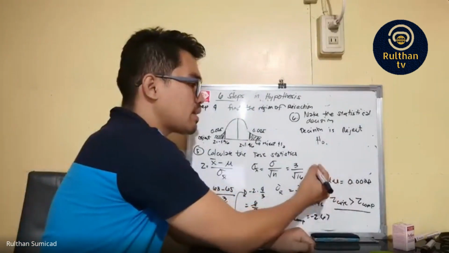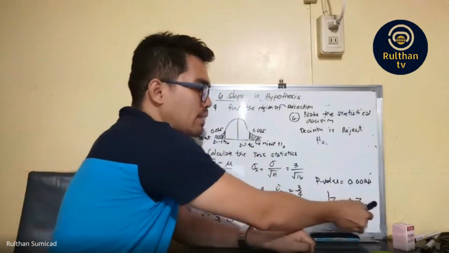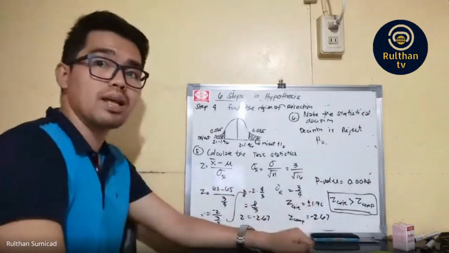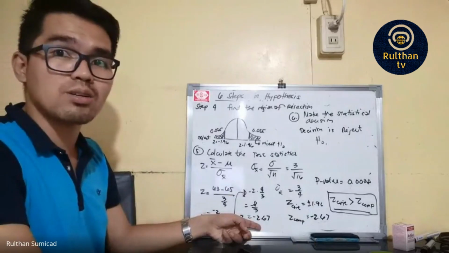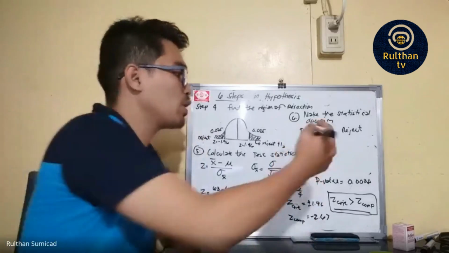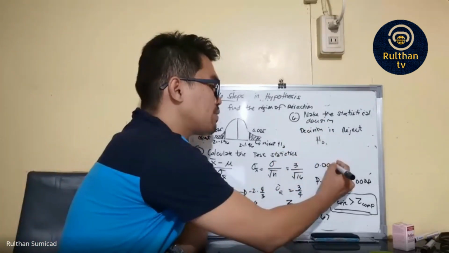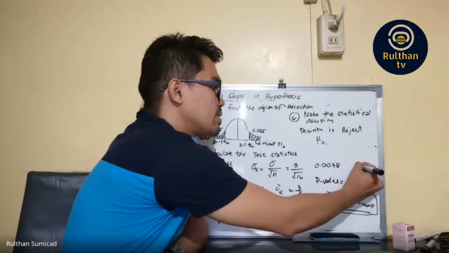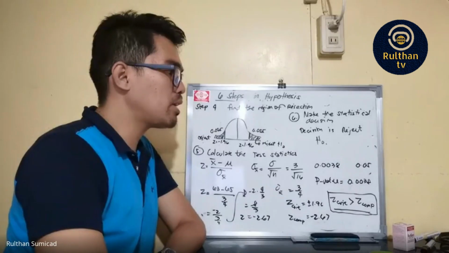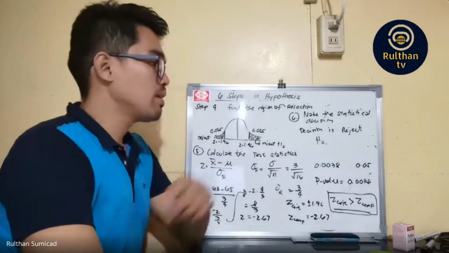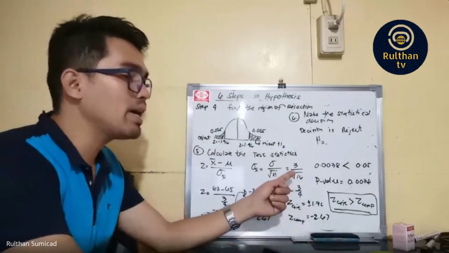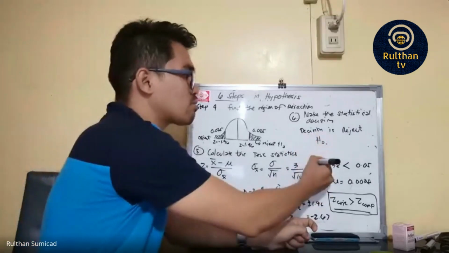Another way of doing this is comparing our p-value with the alpha. This is just one direction. So you have 0.0038 and then you have 0.05. Which is greater between the two values? Since alpha is greater than our p-value, the decision is still this one.